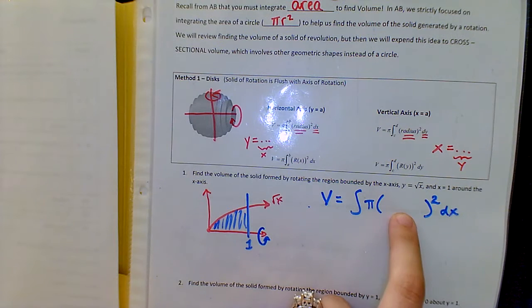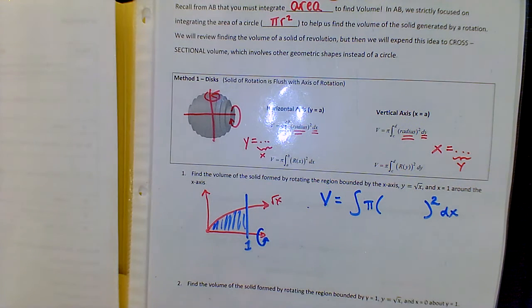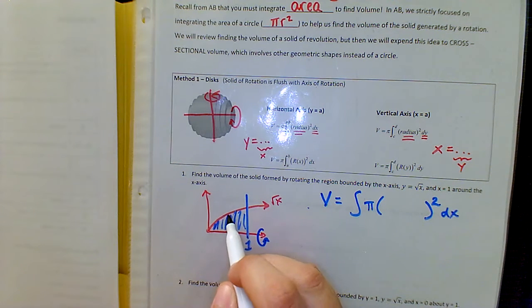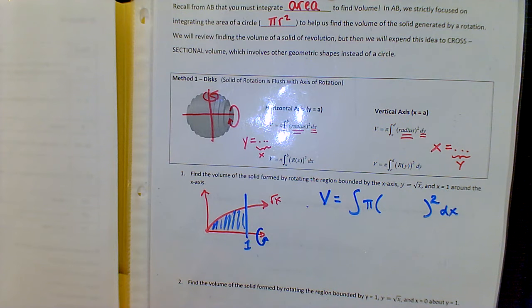How do we figure out what represents that r, aka radius? What do you think? What do you think, Eric? It's just the graph, since the axis of rotation is the x-axis, then the graph. Okay, so remember how we did rectangles, like left endpoint, right endpoint, midpoint, all that fun stuff?